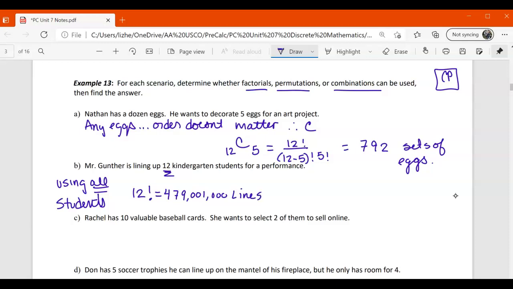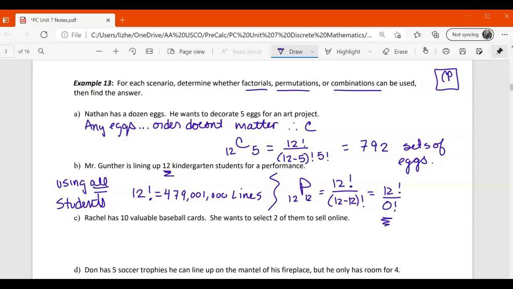But I want to show you why I say that a factorial is also a permutation. If I set this up as a permutation, there's 12 students, he's using all 12, right? Well, using what we know about permutations, this would be 12 factorial divided by 12 minus 12 factorial, which is 12 factorial divided by 0 factorial.